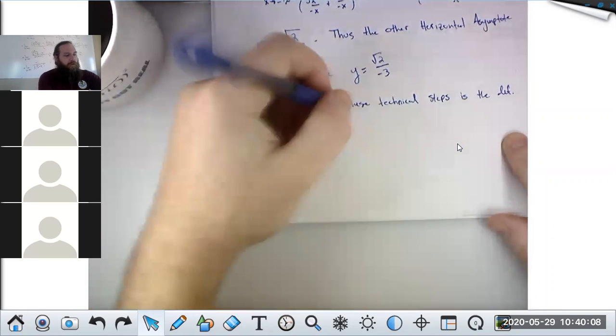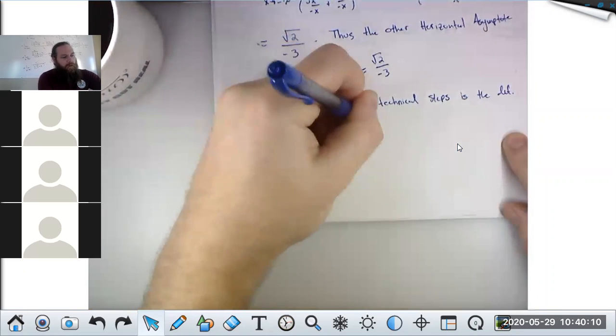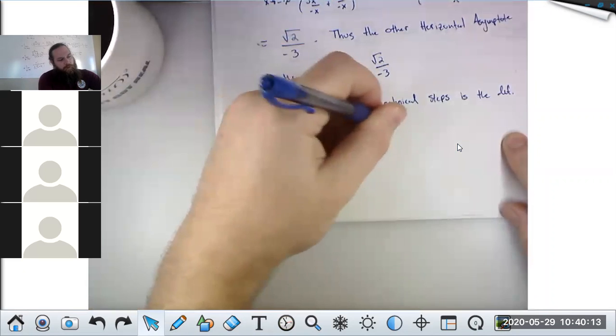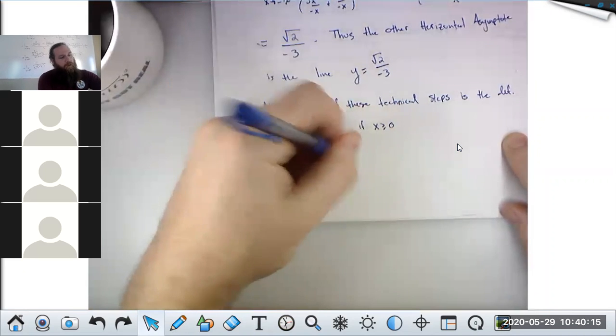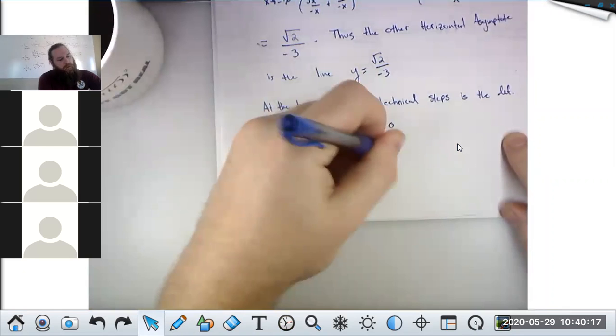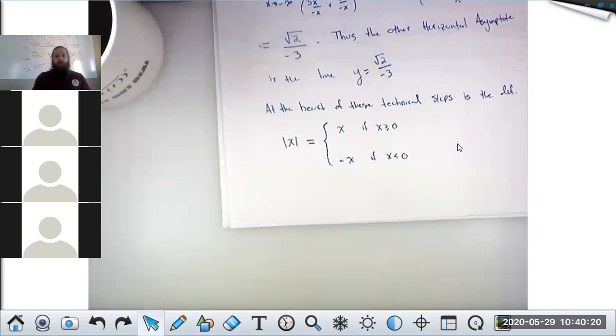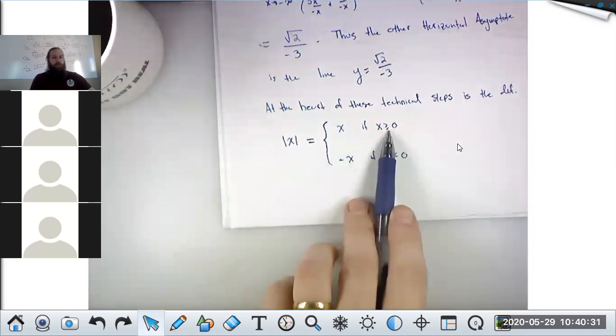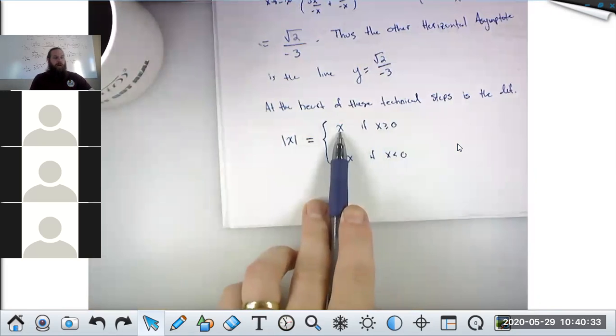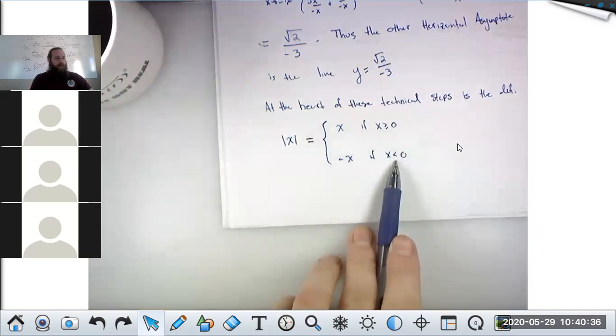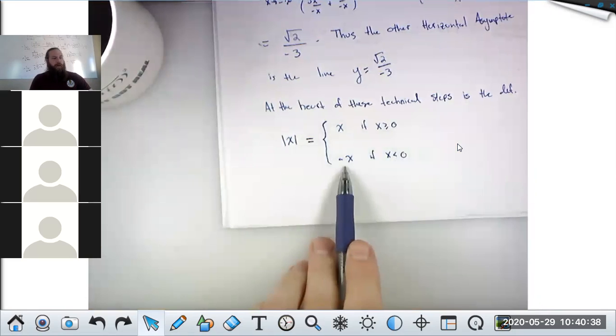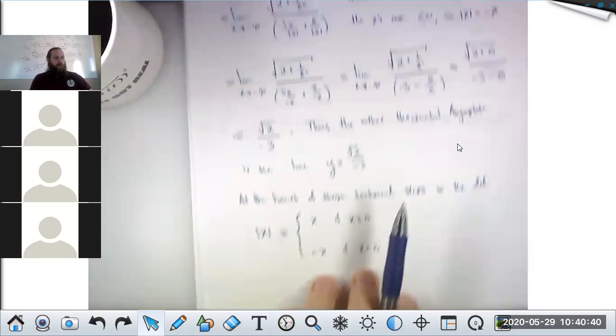The absolute value function is defined to be x if x is greater than or equal to 0, and negative x if x is less than 0. That's really what's going on here. What does the absolute value function do? Well, in our minds, we say it just makes everything positive. But algebraically, how do you say that? Well, if you're already positive, I leave you alone. And if you're not positive, if you're negative, I slap on another negative to make you positive. So that's really what's going on here.